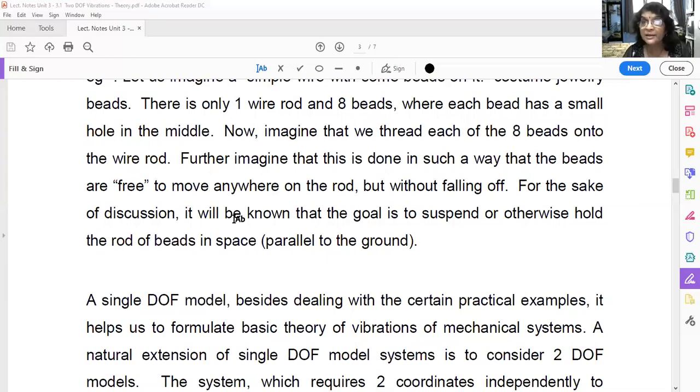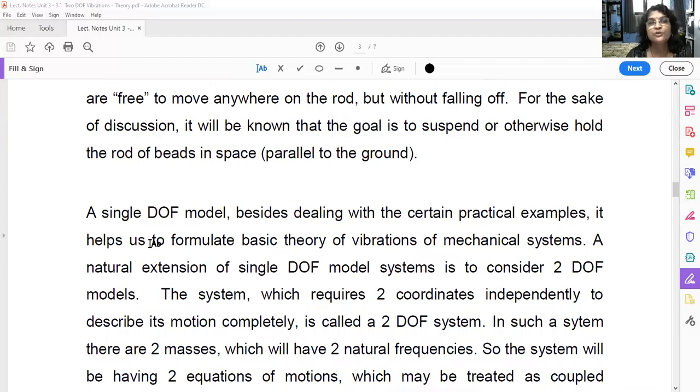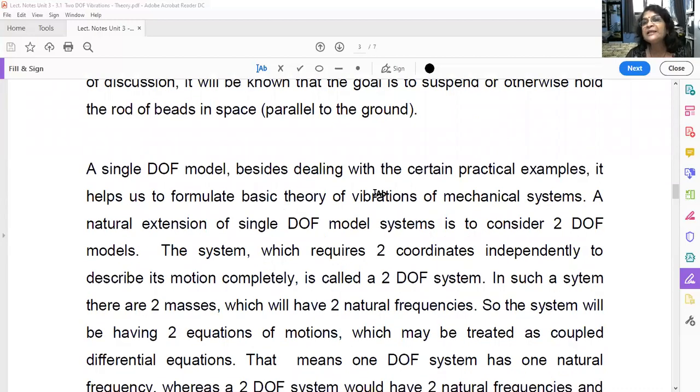But see here, all these beads are connected with each other. Those are separate beads, but when you insert them on the rod, that will become a multi D wave system connected with each other. So there is always a connection with each other. That is very important. So single D wave models, besides dealing with certain practical applications, why do we learn this single D wave model?